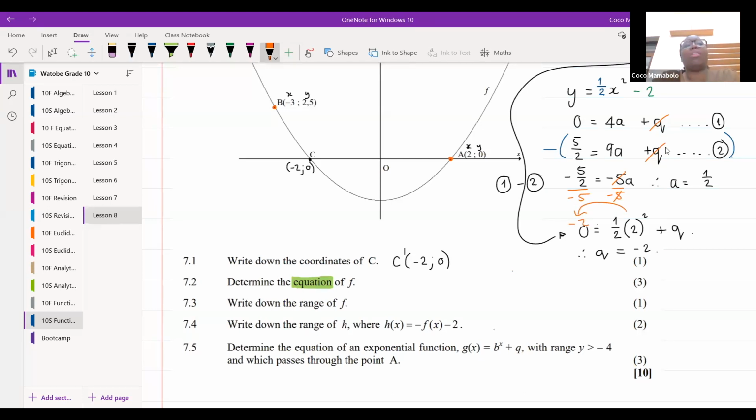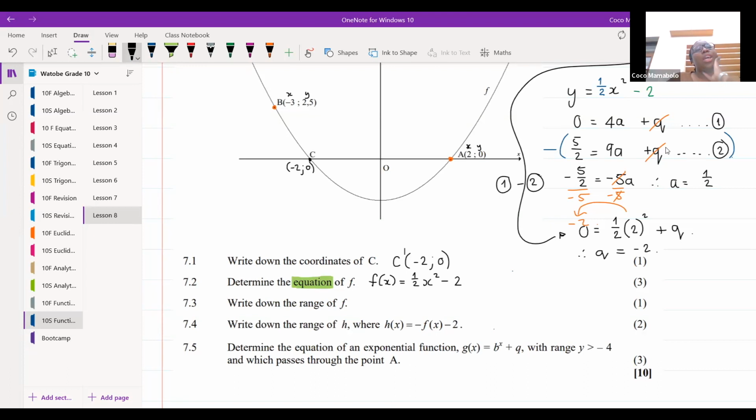Oh, Anna, I feel like you can teach my lessons. Your answers are just on point. Excellent. All right, guys, so let's finish up. We then have to say f of x is equal to half x squared minus 2.